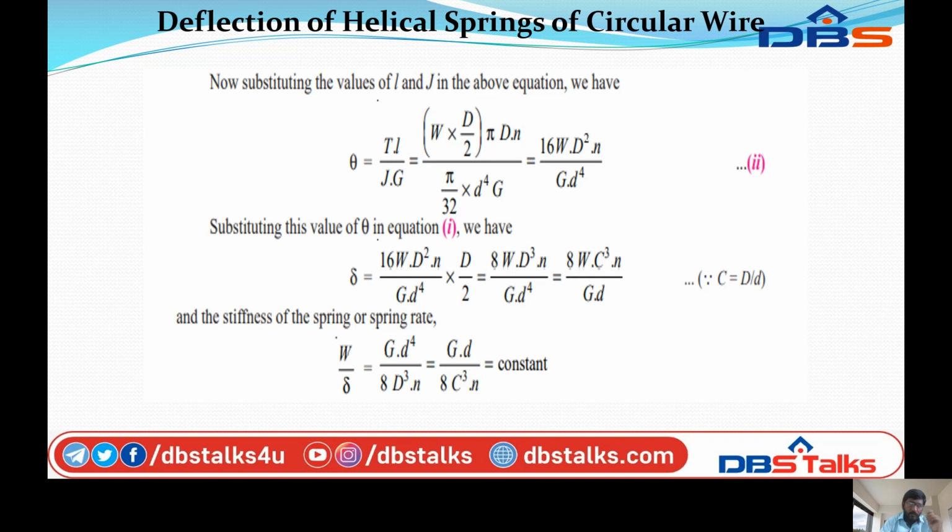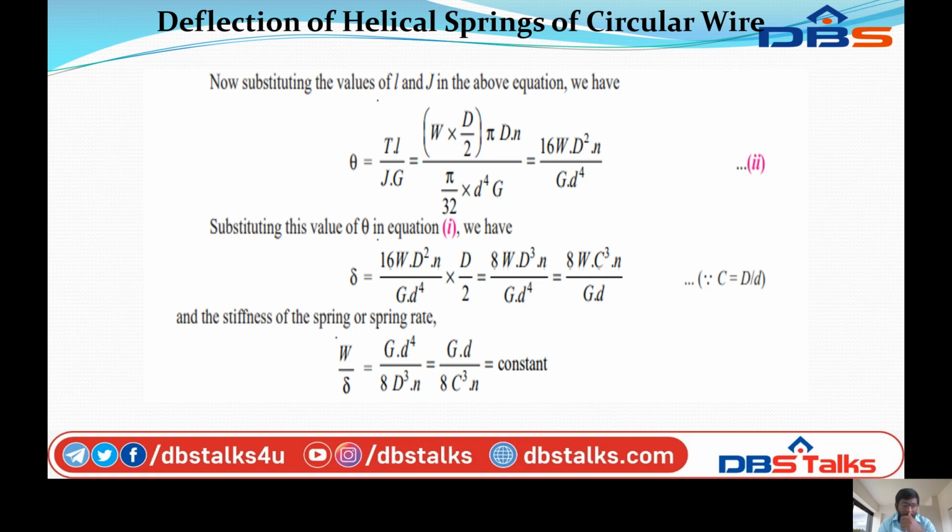So substituting this value of theta in equation 1, we have delta equal to 16 W D square into N by G d power 4 into capital D by 2, that is equal to, again cancelling 2 into 8, so 8 into W into D cube into N by G into d power 4, that is equal to 8 W C cube into N by G into d.